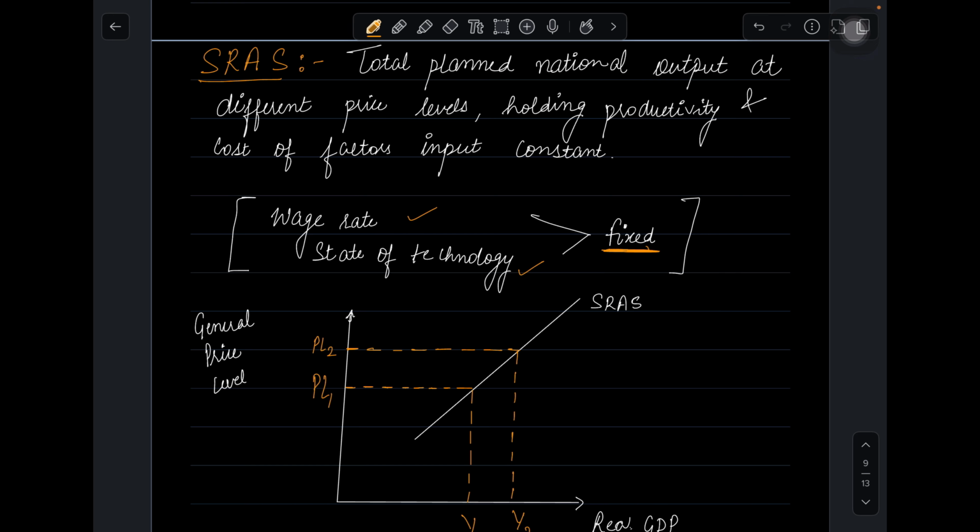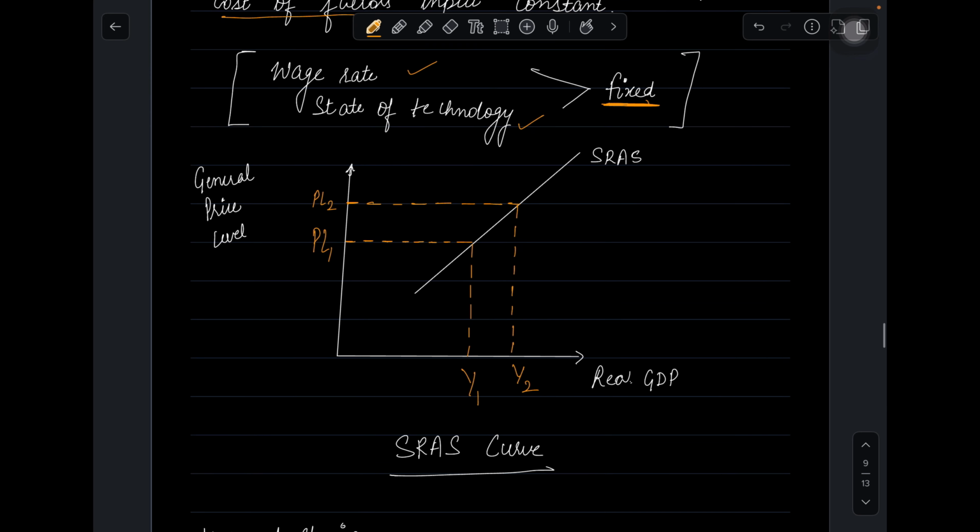So accordingly, SRAS is that planned national output at different price level holding productivity and cost of factor inputs constant. That level of national output when the cost of factor inputs and productivity is constant, we cannot change it.